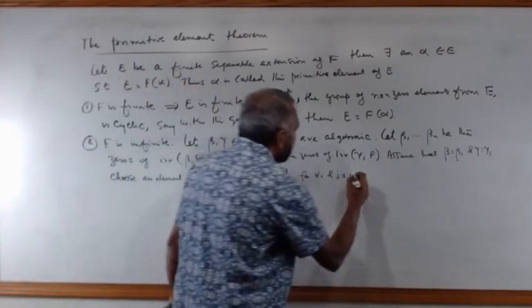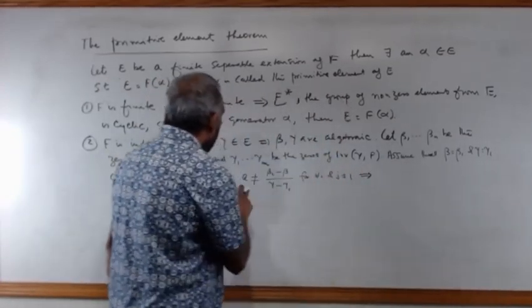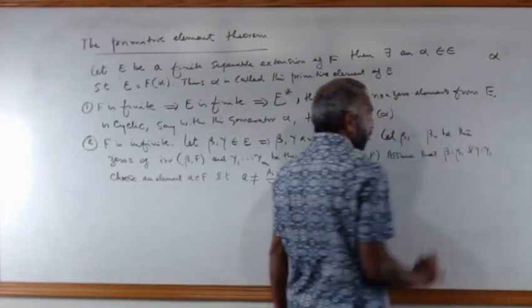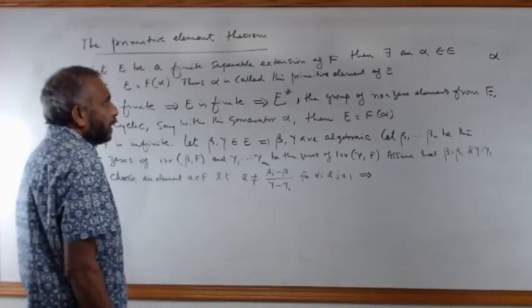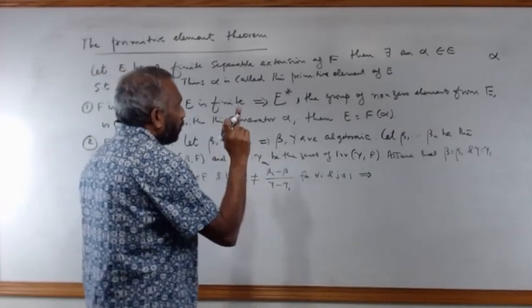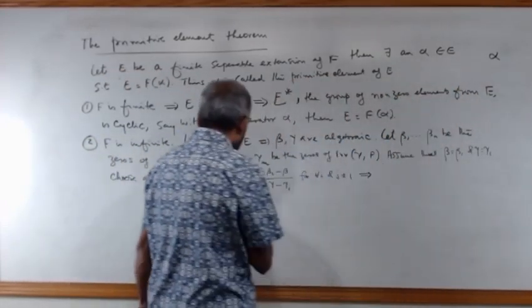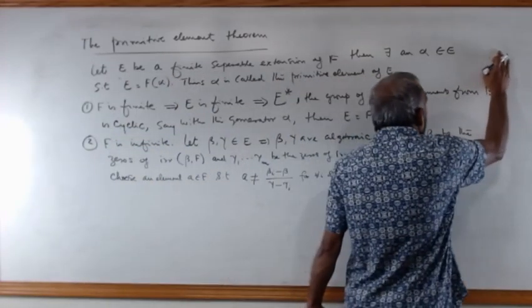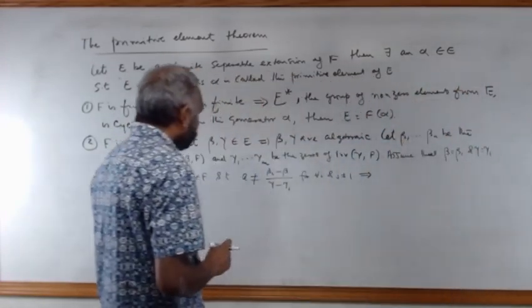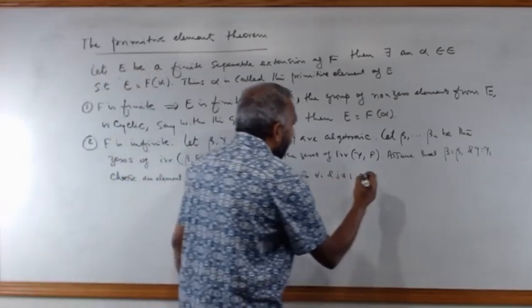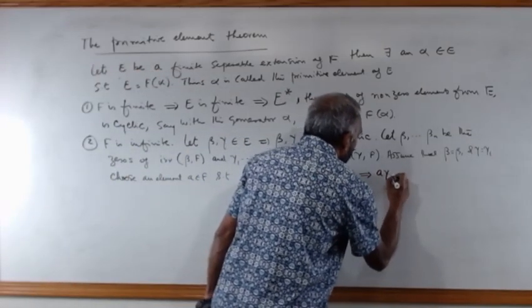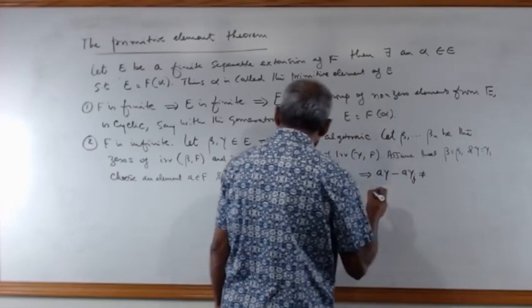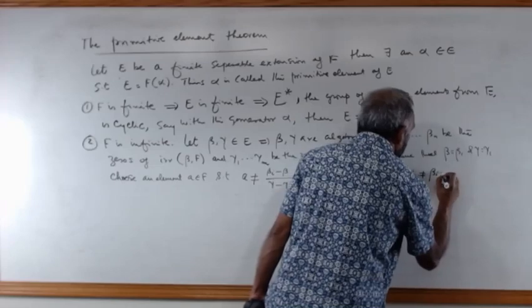So this implies, our aim is to construct alpha. Okay, so we are going to construct alpha using this A. So this implies A gamma minus A gamma j is not equal to beta i minus beta.